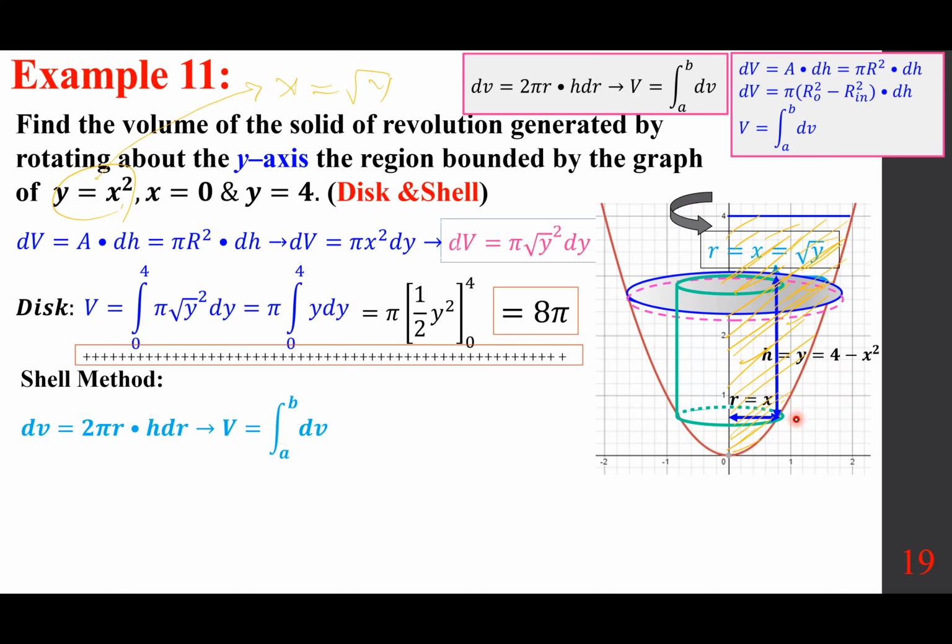Therefore, r is x. h is 4 minus x squared. dr is dx, this thickness. So we plug in. And this will move along the x-axis.